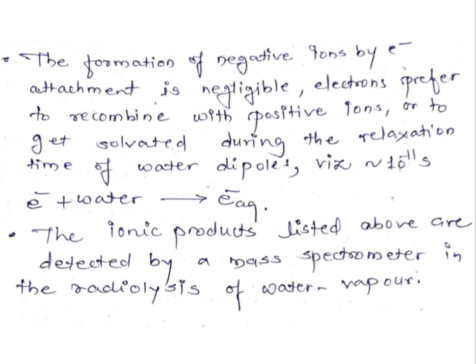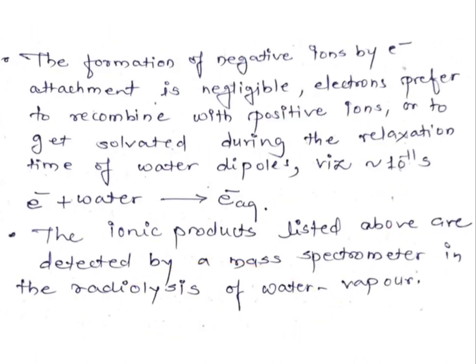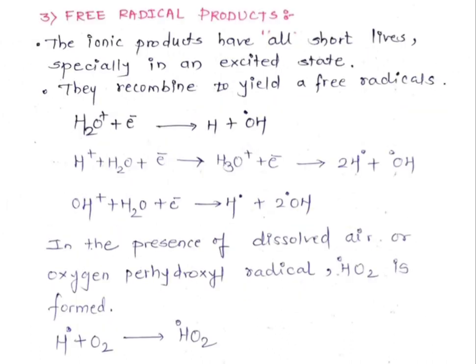So the equation is here: electron plus water interact and there is a formation of the solvated electron, the electron aqueous. The ionic products listed above are detected by a mass spectrometer in the radiolysis of water vapor.